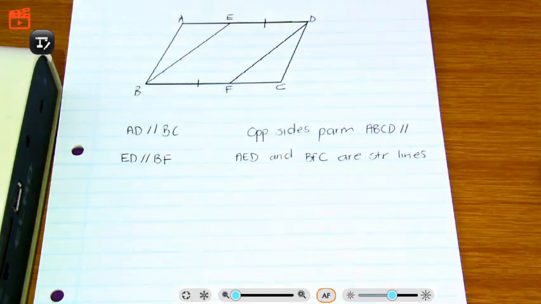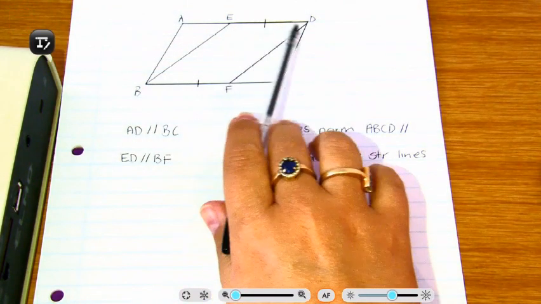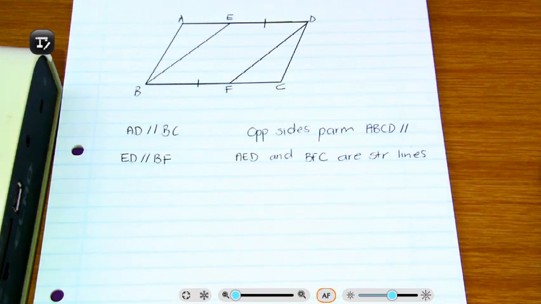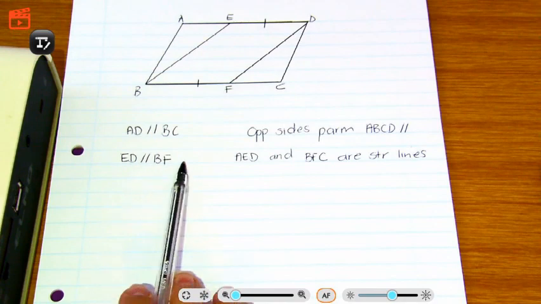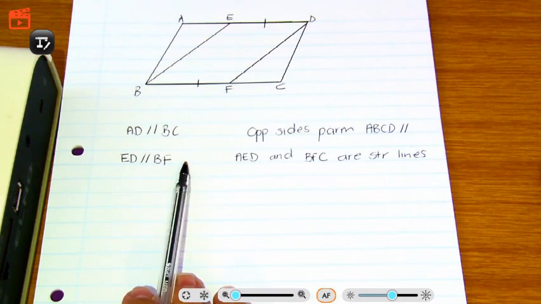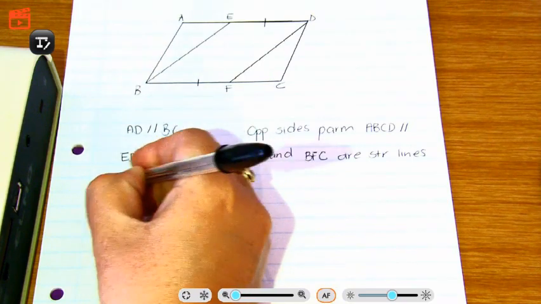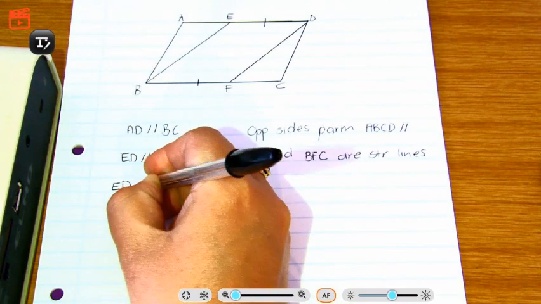Okay, so we are already halfway there because we have proven that ED is parallel to BF. Now remember, the theorem that we're working with says that we can prove a parallelogram if we prove that one pair of opposite sides are equal in length and parallel. So we've already proven that they are parallel, and it just so happens that they've told us that ED is equal to BF.